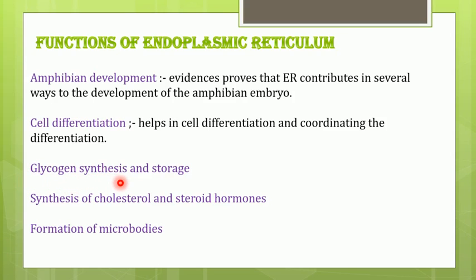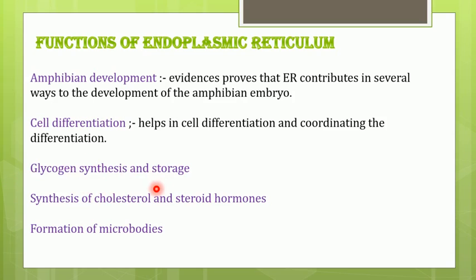This synthesis of glycogen with the help of the enzyme glucose 6-phosphatase has been observed in eukaryotic organisms. Also, the endoplasmic reticulum will store this glycogen inside it. So glycogen synthesis and storage is one of the important functions in the animal cell.